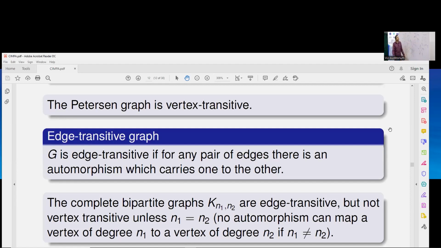But this graph is edge-transitive, because any edge can go to any other place. Let's illustrate it. Why is this edge-transitive? Now we are focusing on edges, so let's give names to the edges.